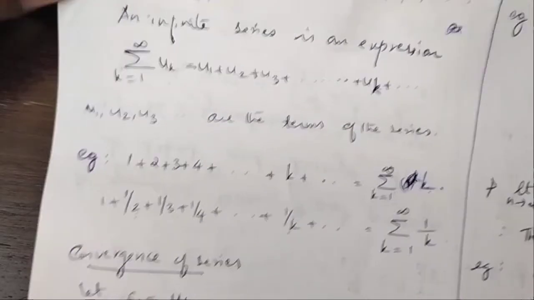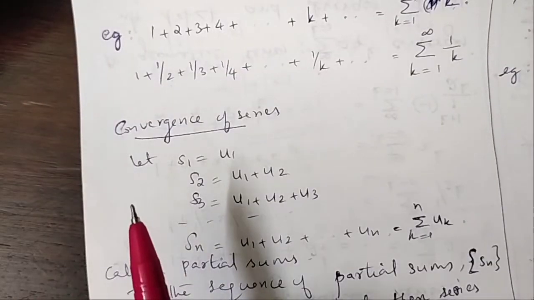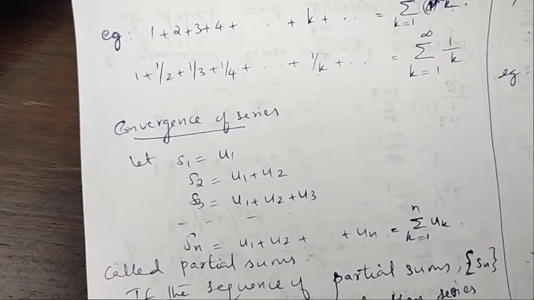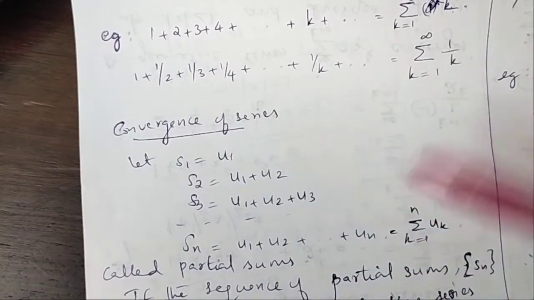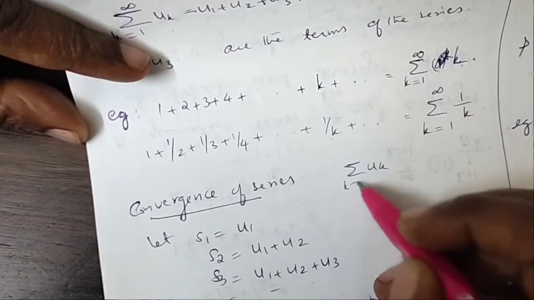Next, we have to find whether a series, infinite series, converges or diverges, as in the case of sequences. So convergence of a series is a little bit different from that of a sequence. So here, the infinite series is sigma uk, k from 1 to infinity.